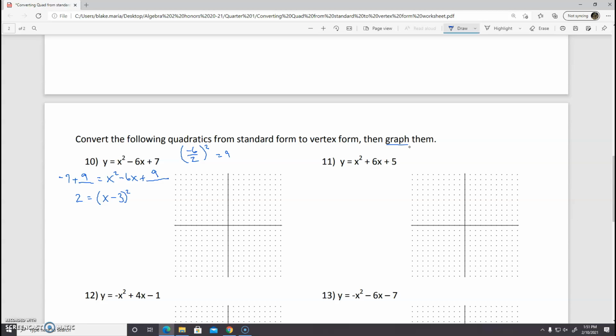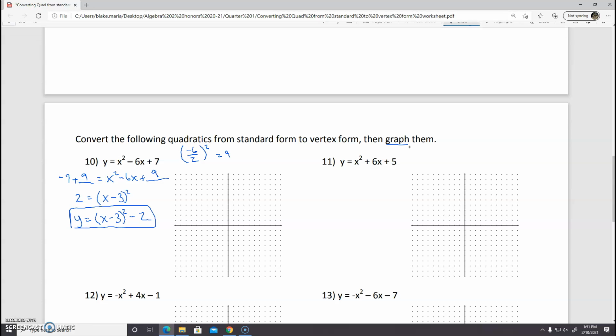All right, -3 times -3 is +9. -3 plus -3 is -6. Bring that 2 back over, so we have y equals (x minus 3) squared. We subtracted 2, and there's our vertex form.